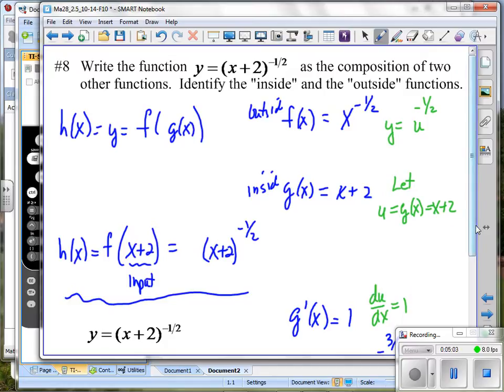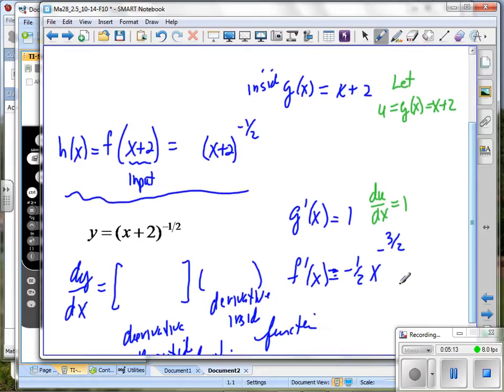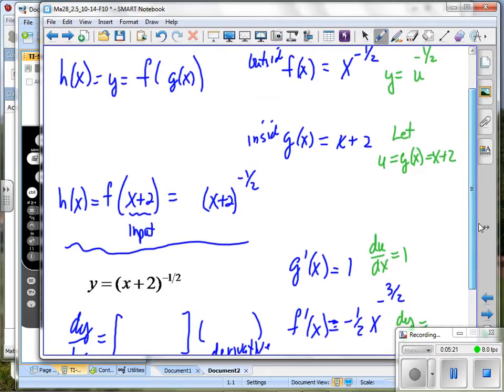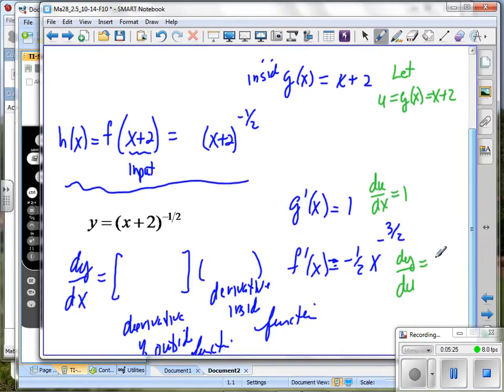If u is x plus 2, is that the same thing as u to the negative 1/2? Okay. Well, what does that mean down here? Well, that means then that I've got dy du. Remember, this is y equals u to the negative 1/2. So this would be negative 1/2 u to the negative 3/2.